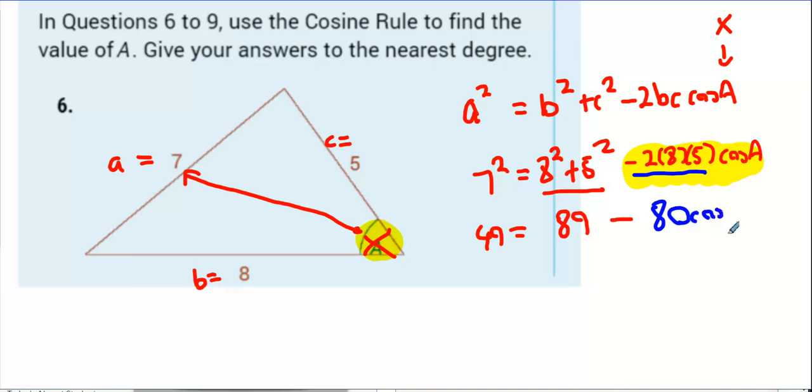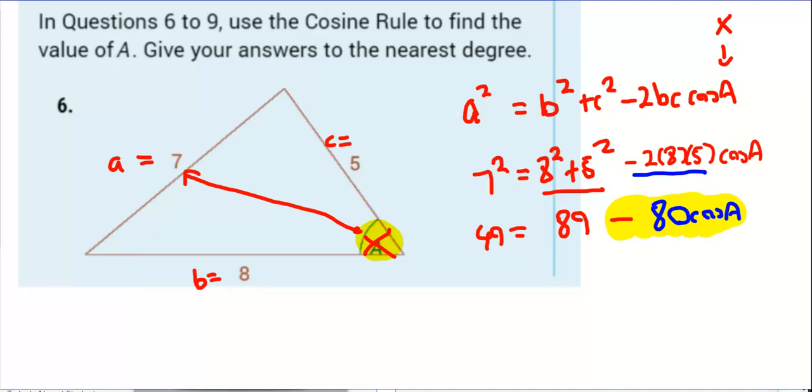Now, it's still protected. You still can't go near it. What do you think a lot of students will do? They'll take 89, take away 80. Why are you not allowed to do that? Yeah, the 80 is stuck to the cos. It's not an 80. It's an 80 cos A. You're not allowed. So don't go near it. That's basically it.